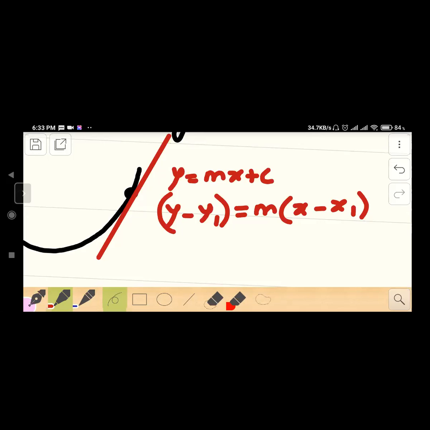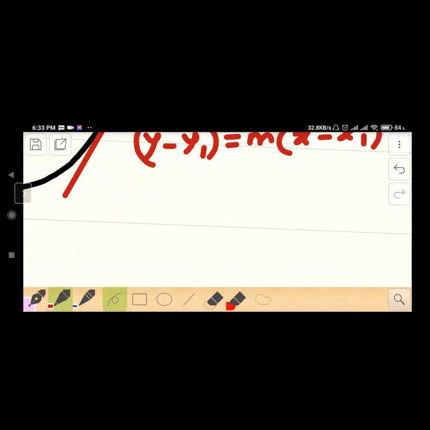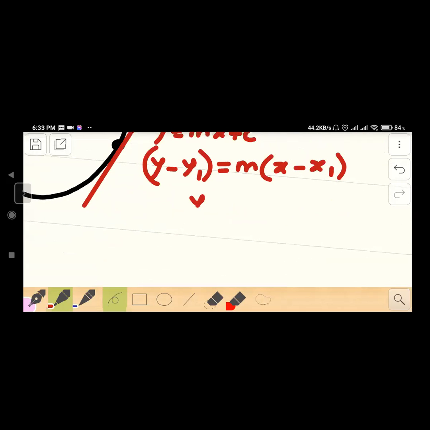জি স্যার। আচ্ছা, বাই দ্য ওয়ে, এই ইকুয়েশনটা কিন্তু মনে রাখাটা সহজ। Let me tell you how. Okay, y minus y1 divided by x minus x1. So we can say that this is the change in y, isn't it? Yes sir. And we can say this is the change in x. So change in y means dy, and change in x means dx.